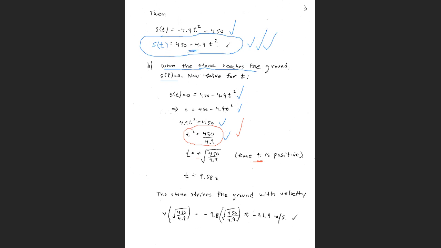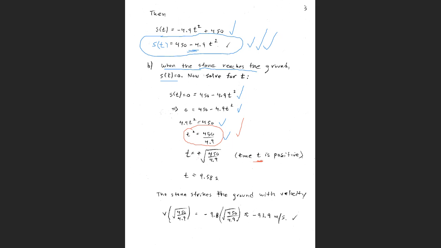Time has to be positive because initially we dropped the stone. That's at time equals 0, and so time is increasing, and you can't go backwards in time. You have to go forwards in time. What I mean is in this problem, we're going forwards in time. So we're going to take the positive square root.